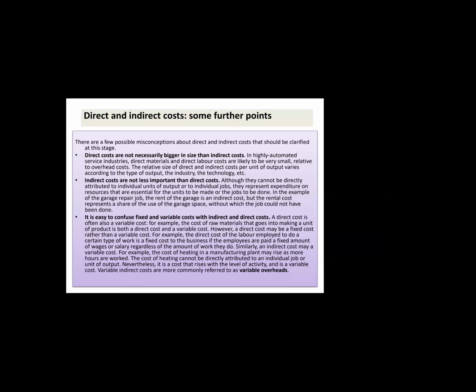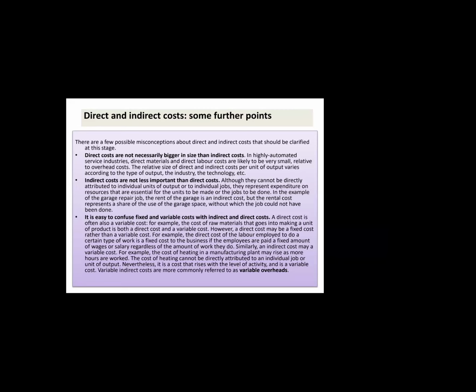And it is easy to confuse fixed and variable cost with indirect cost and direct cost. Sometimes we become confused about direct cost and indirect cost, fixed cost and variable cost. But keep in mind, direct cost and indirect cost is a segregation made to calculate product cost. Fixed and variable is another segregation of costing. So direct cost can be fixed cost, direct cost can be variable cost.